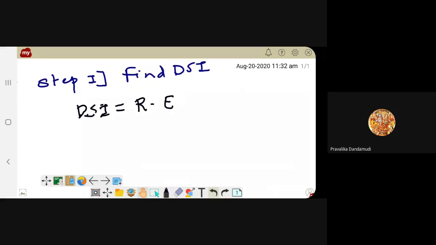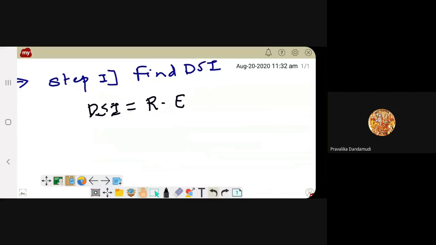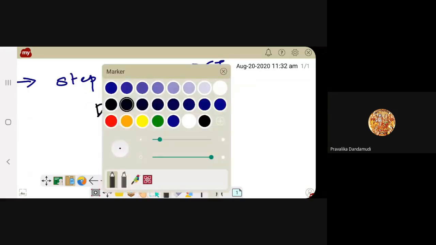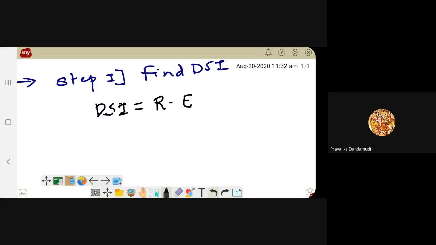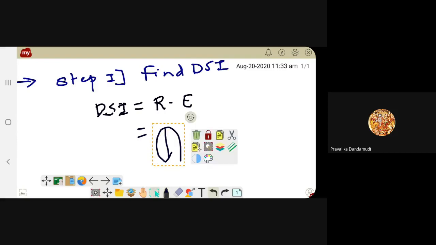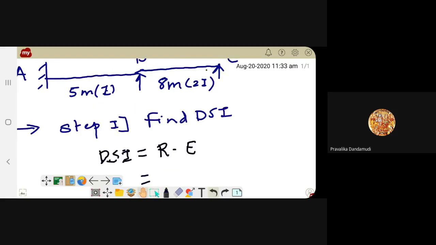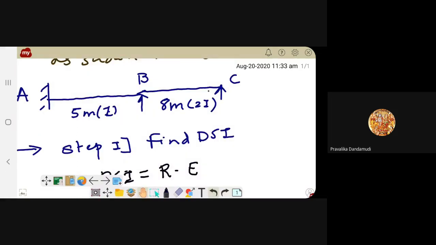How many reactions are there in the problem? You will have the reactions at the fixed support A, so the reaction is 3, plus 1 at support B. Present reactions are 3, 1, 1.